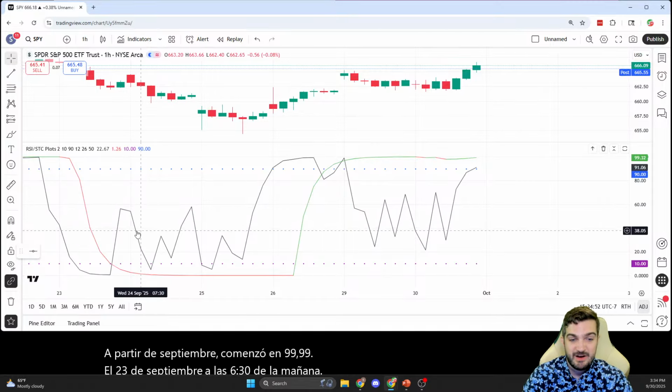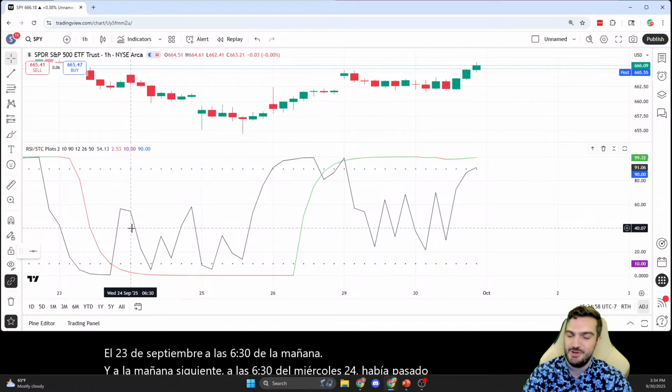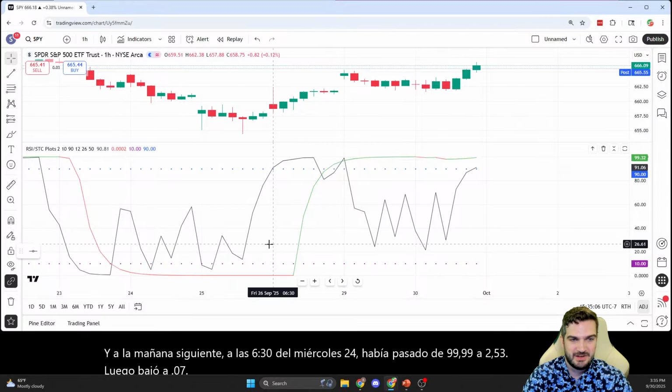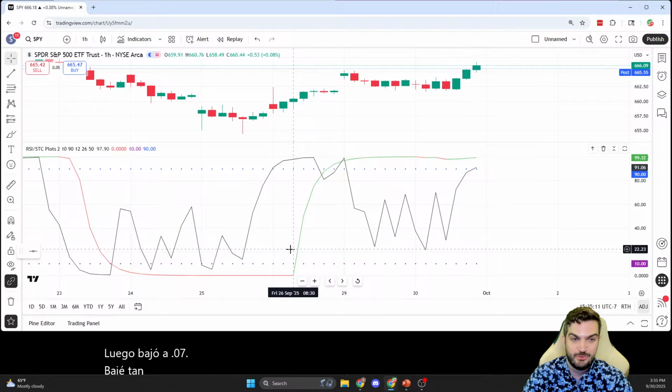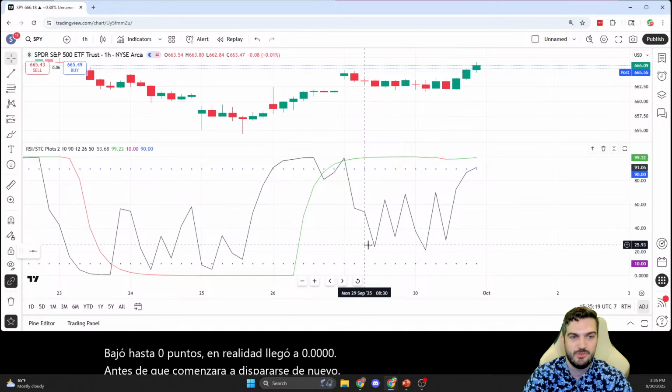By the very next morning, 6:30 on Wednesday the 24th, it had gone from 99.99 to 2.53. Then it dipped down to 0.07, and got as low as 0.0000 before it started shooting right back up, close to almost 100.